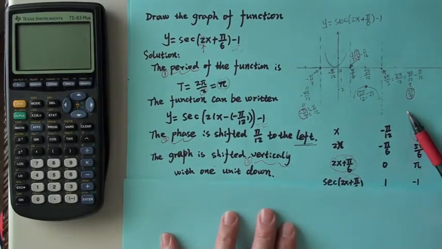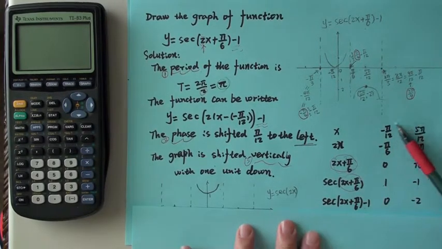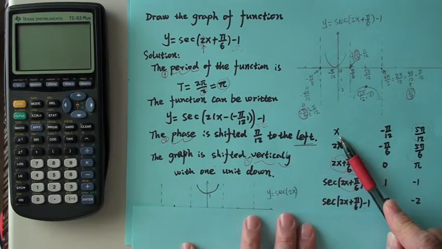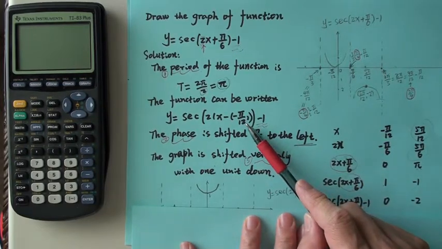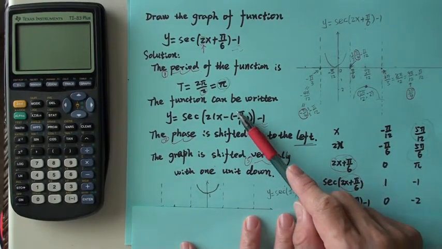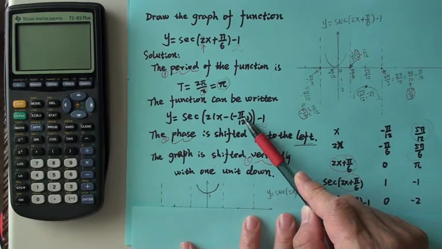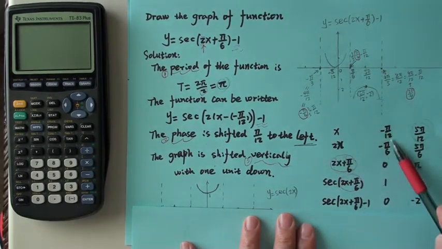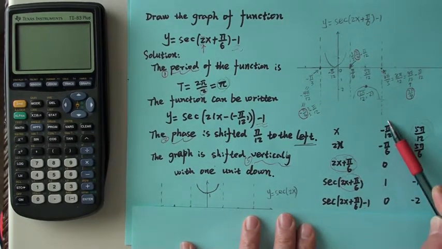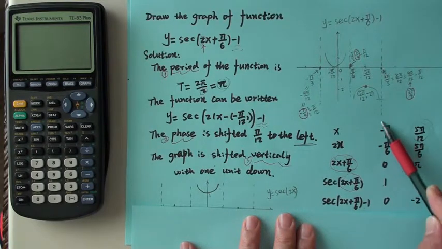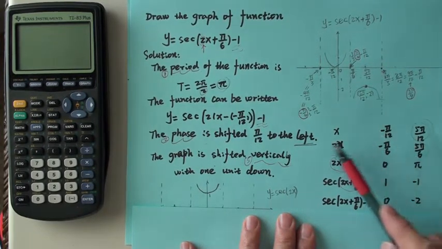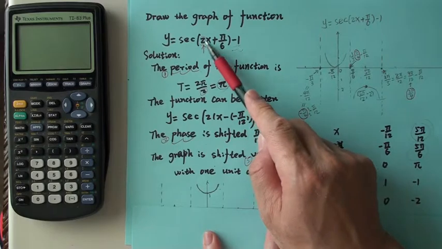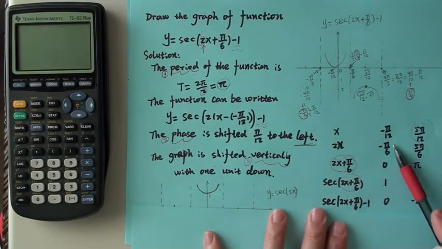Here are the details. Since the phase is shifted negative pi over 12 to the left, we will start with this one. Algebraically, let's see if this is really the case. When x equals negative pi over 12, 2x is negative pi over 6.